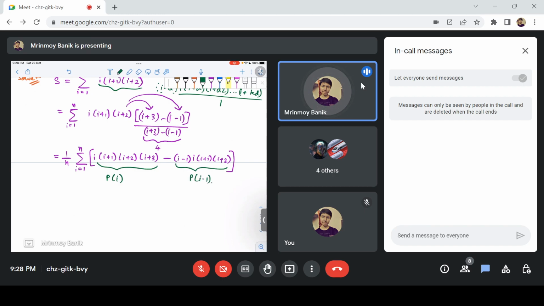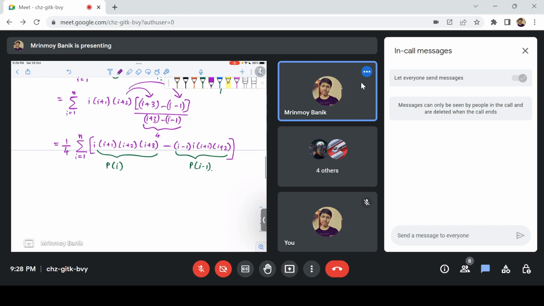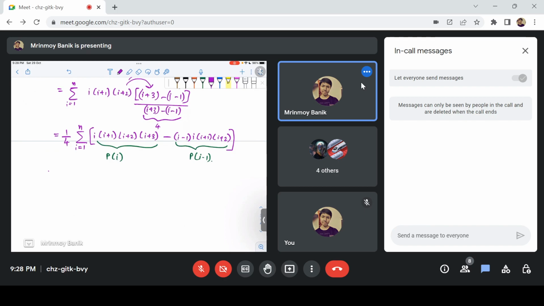Now it's the same old telescope. Sorry, why did I write n here? It's 4. So 4 times, so this thing starts from 1.